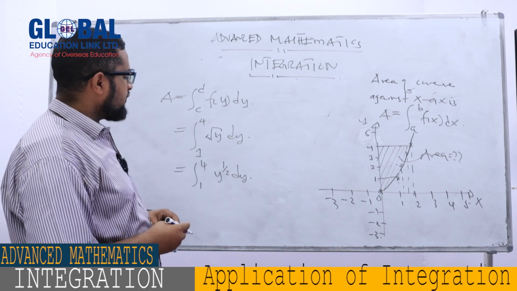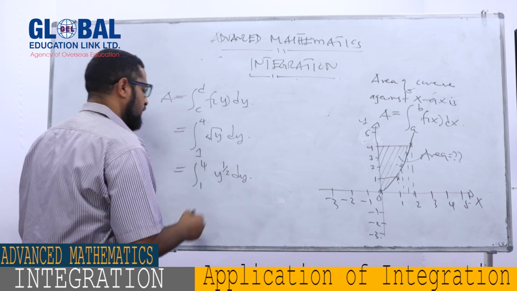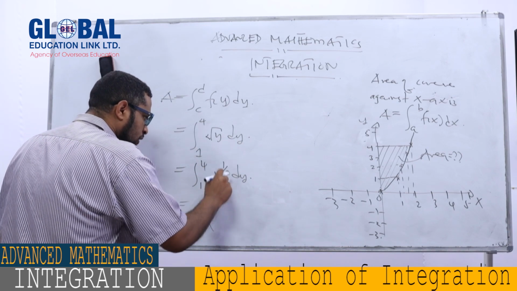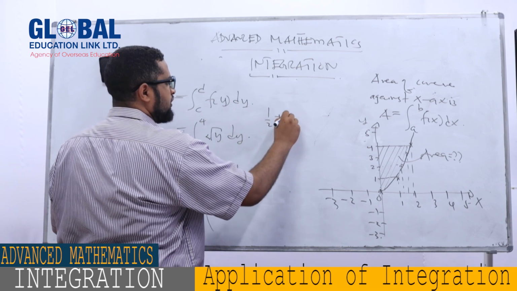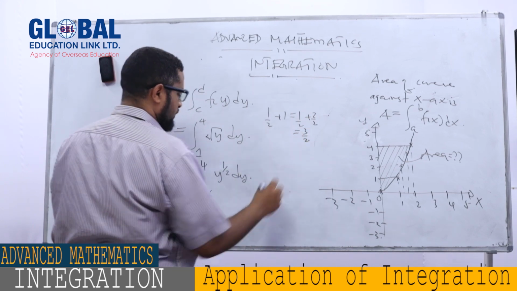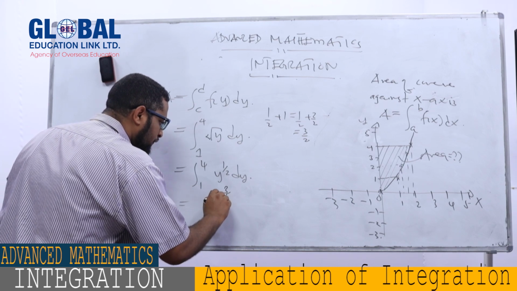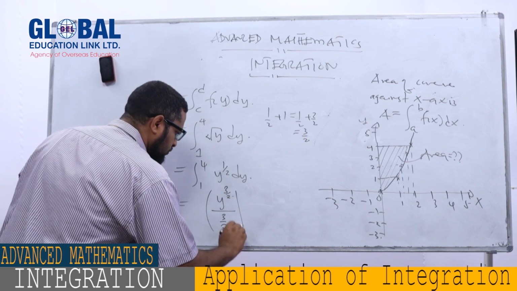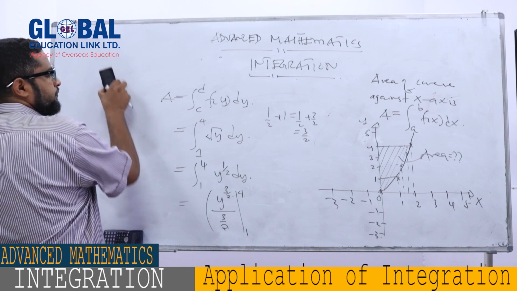Remember, when you're integrating a function, the power is always increased by 1. So if you integrate, we have 1 over 2 plus 1, the same as writing 1 over 2 plus 2 over 2, which is 3 over 2. So it is y to the power of 3 over 2, again over 3 over 2. This is from 1 up to 4.